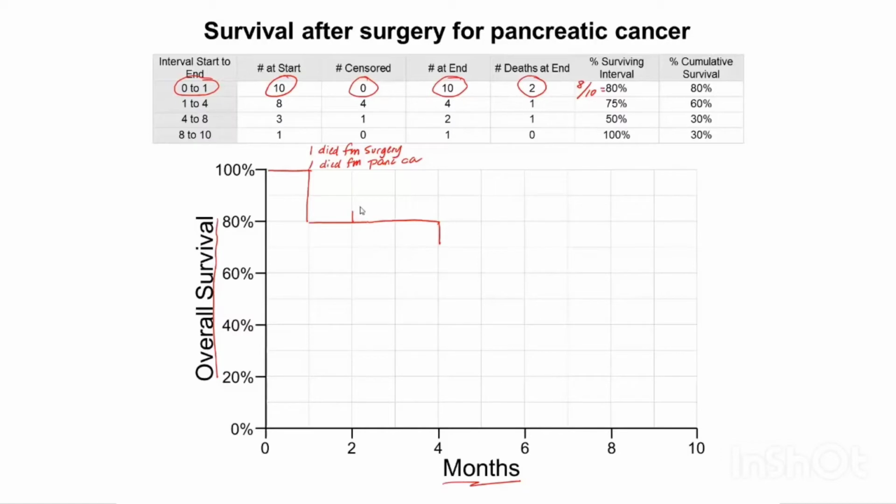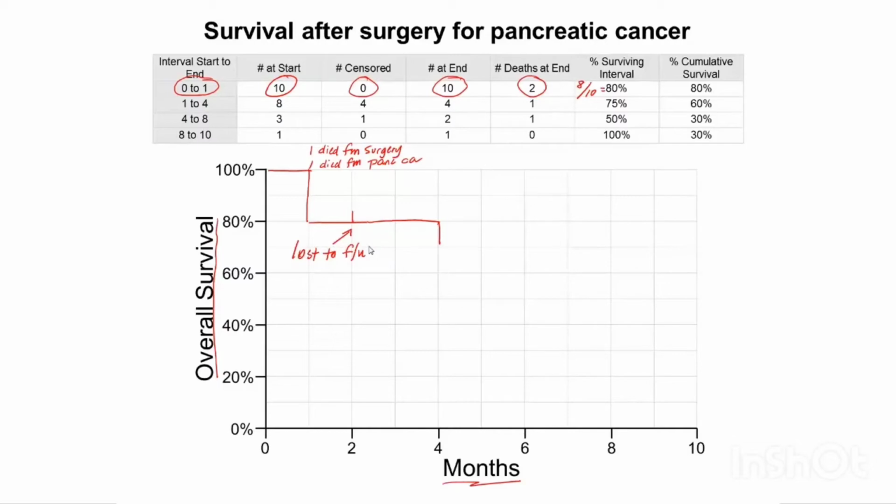We made phone calls and so on. So that patient is lost to follow-up. We can't say whether or not that patient lived or died after 2 months. Our information is incomplete. However, we do know that that patient did not die up to the 2-month mark, and that's valuable information, so we don't want to throw that patient out.